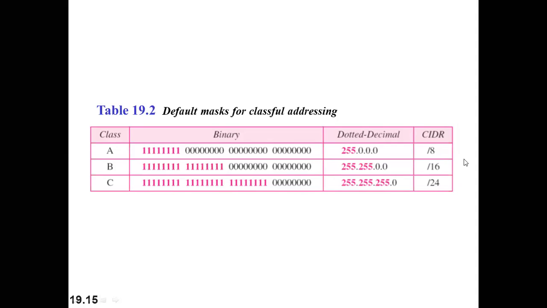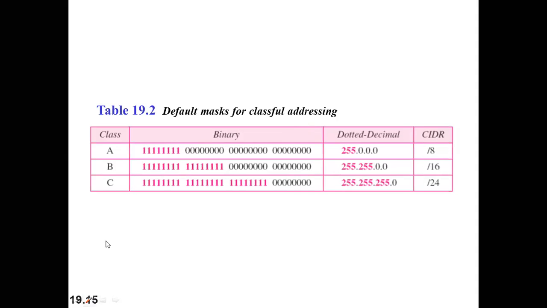So this is for the classful addressing scheme. In classless, this value will not be fixed. It can be any value: slash 9, slash 10, slash 12, depending upon the subnet that we want to create. But for classful, these values will remain fixed. Please remember this.